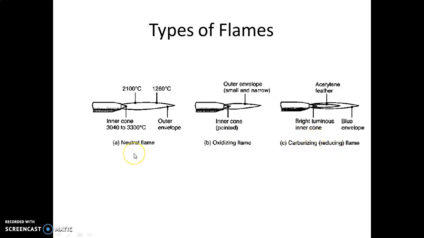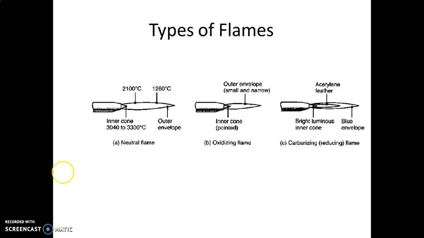In the first, neutral type of flame, generally the proportion of acetylene and oxygen in the gas mixture is an important factor in oxy-fuel gas welding. So in case of neutral flame, the ratio of both the gases is 1:1, meaning both are the same in quantity.